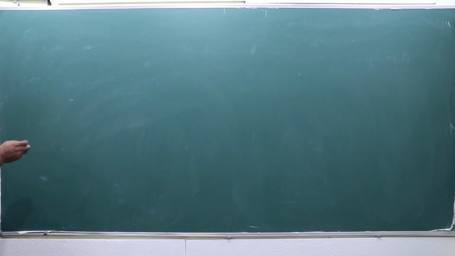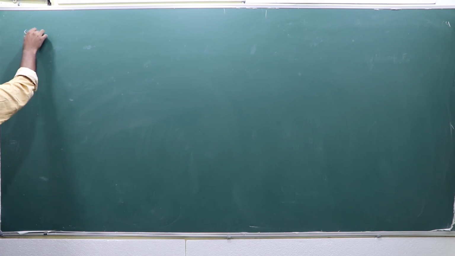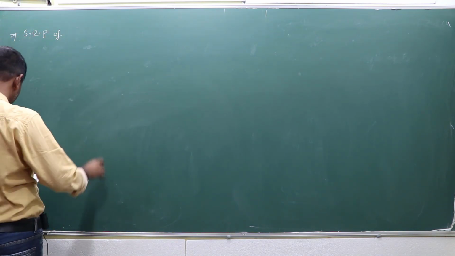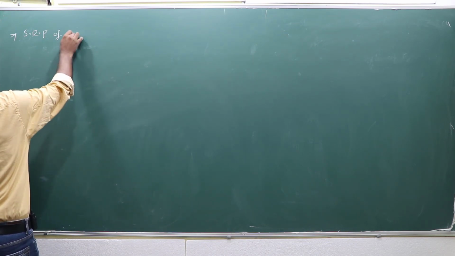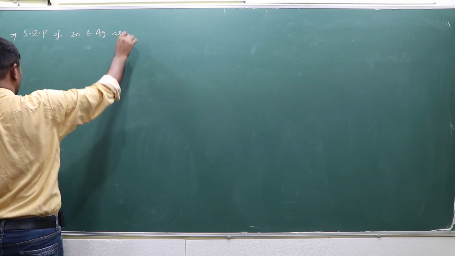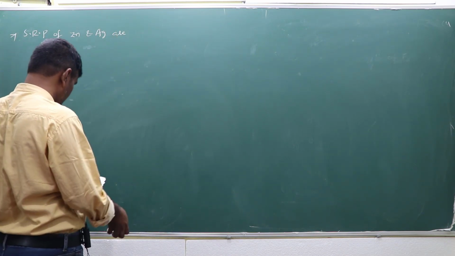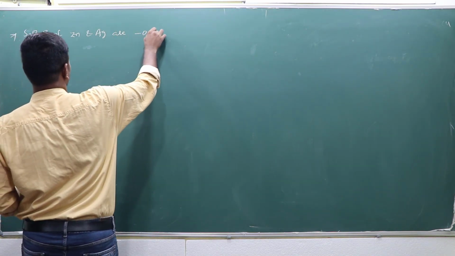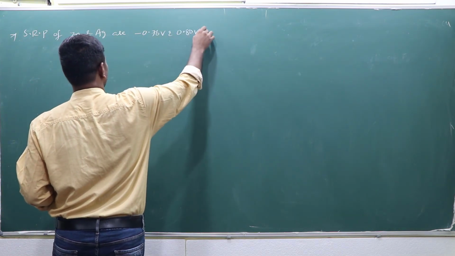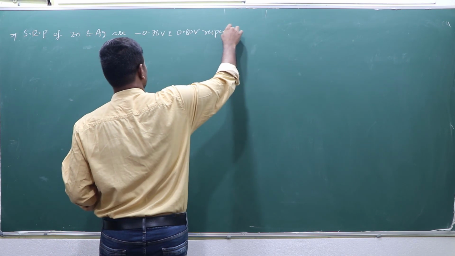Standard reduction potentials of zinc and silver are minus 0.76 volt and 0.80 volts respectively.